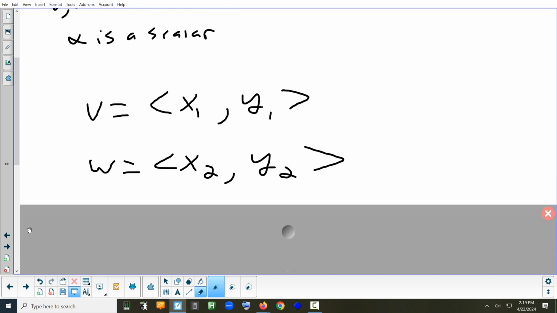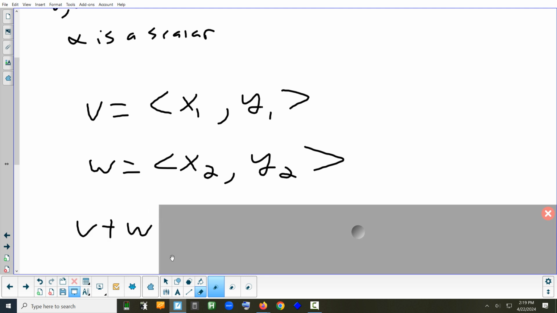All right. Now, let's say we want to add two vectors together. The old way: take the first vector, take the second vector, connect them like that, and then draw the diagonal. We can do that same thing without drawing.